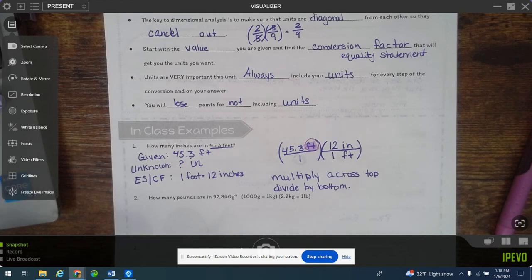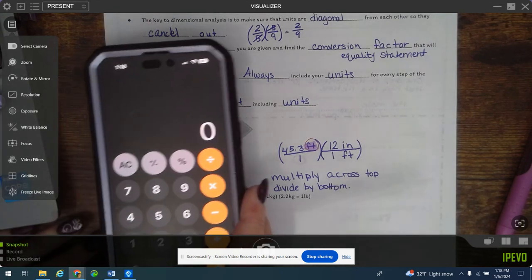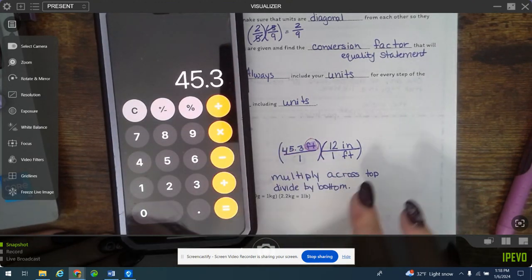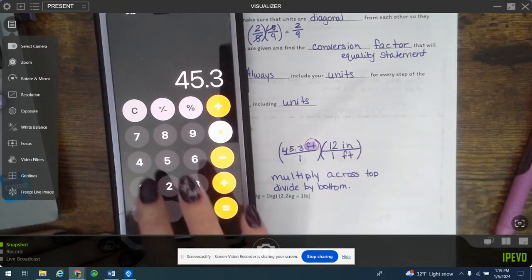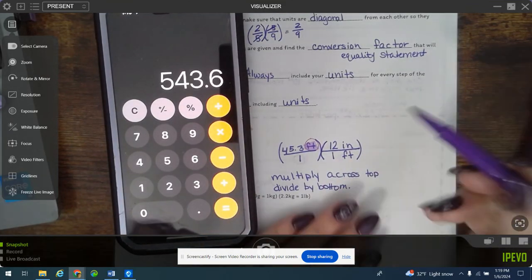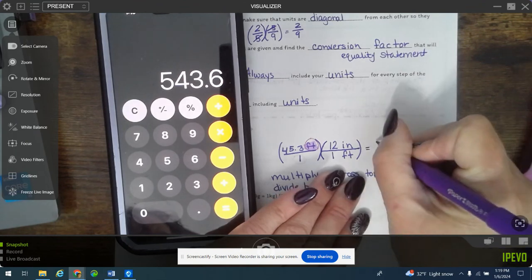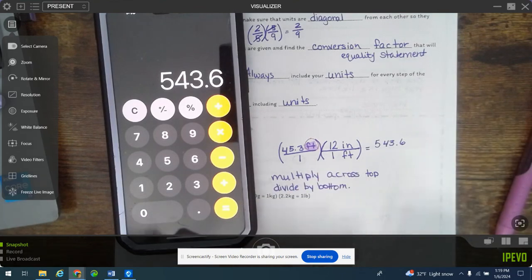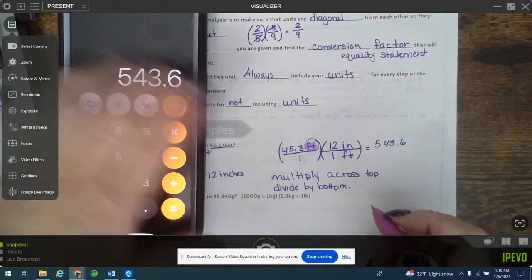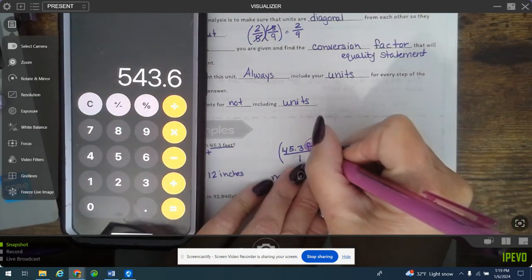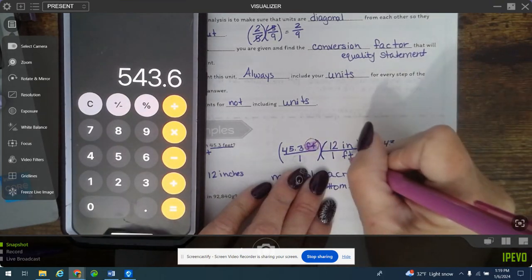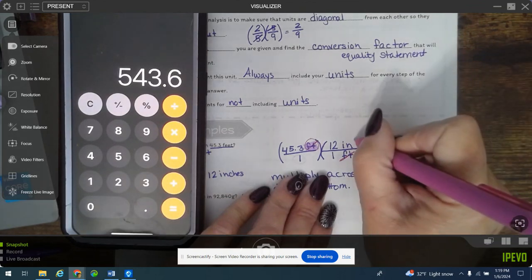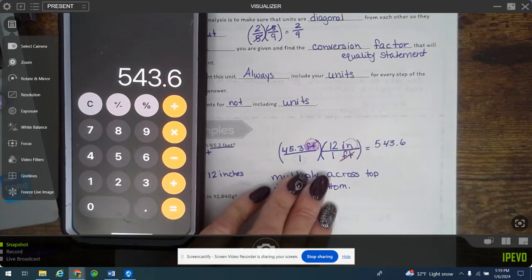Let me get out my calculator. So 45.3 feet times, since this is on the top, we're going to take it times 12. That gives me an answer of 543.6. The important thing in doing this conversion is that the units of feet cancel out on the top and the bottom, leaving me with units of inches.